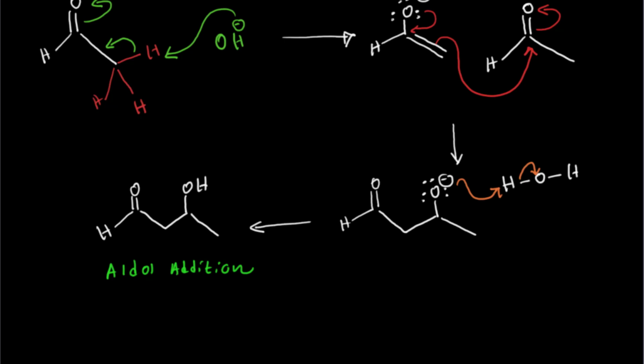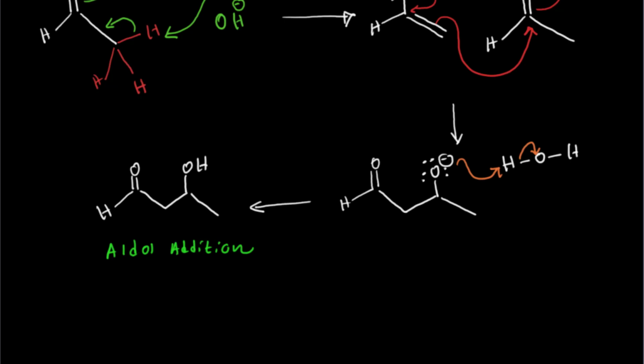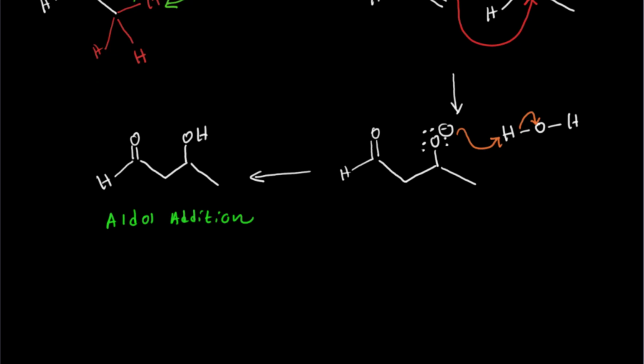When we have this aldol product and start to heat, we can get the aldol condensation product. It happens like this. When we heat, we again have acidic alpha hydrogen here. This one is a little bit acidic.